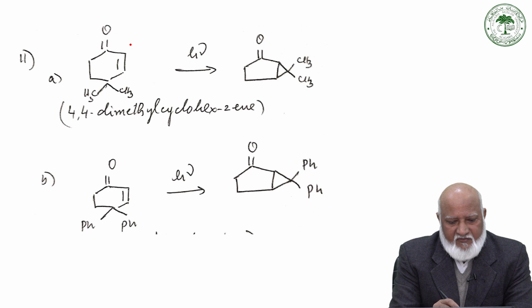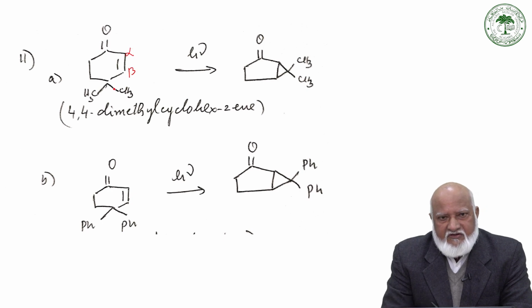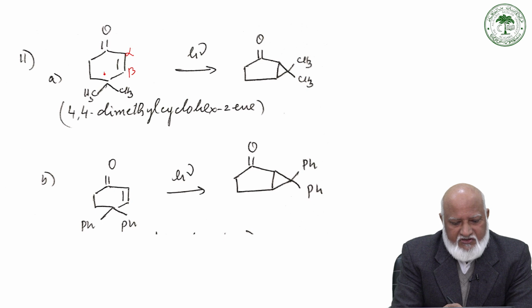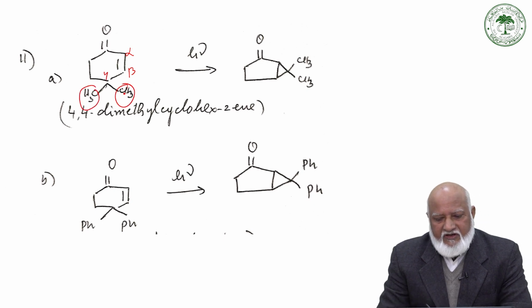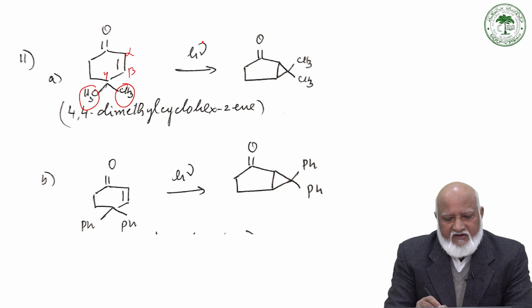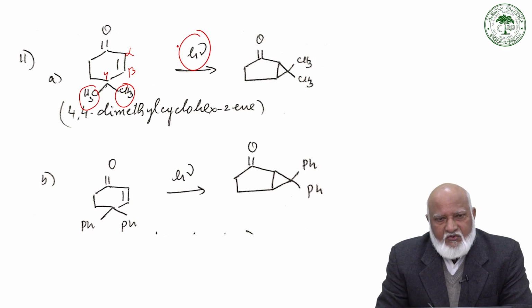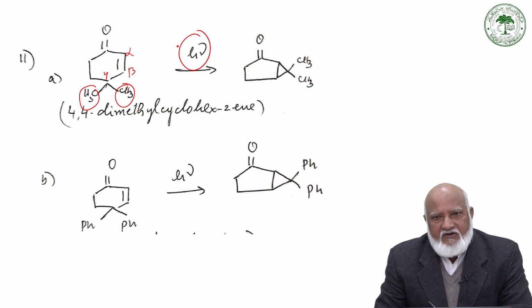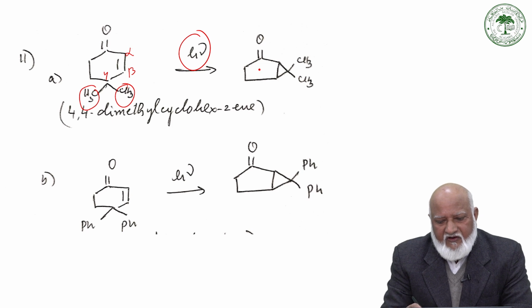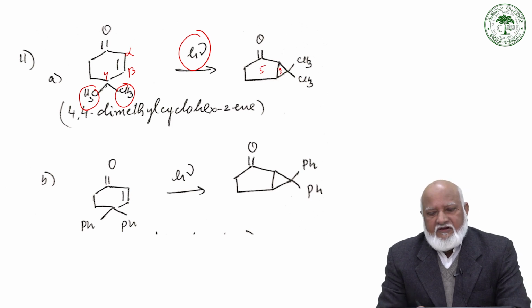When this is an alpha beta unsaturated cyclohexenone with the 4th position disubstituted, the 4,4 dimethyl cyclohex-2-enone, under photolytic conditions it undergoes a very interesting rearrangement giving rise to a bicyclic system consisting of a 5 and 3 ring system, while the substituents remain the same.